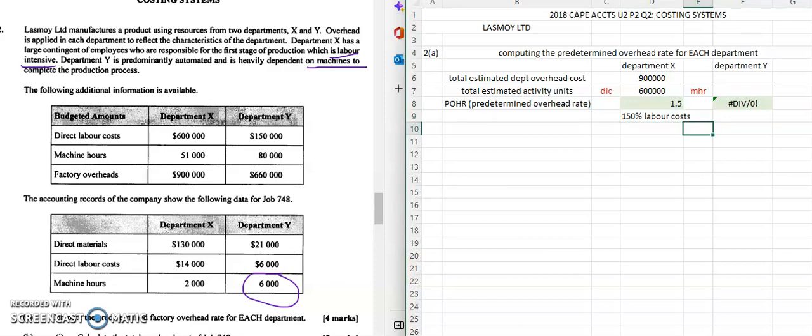Department Y, on the other hand, uses machine hours. So the machine hours for Department Y is 80,000. And the total estimated overhead cost is 660,000.